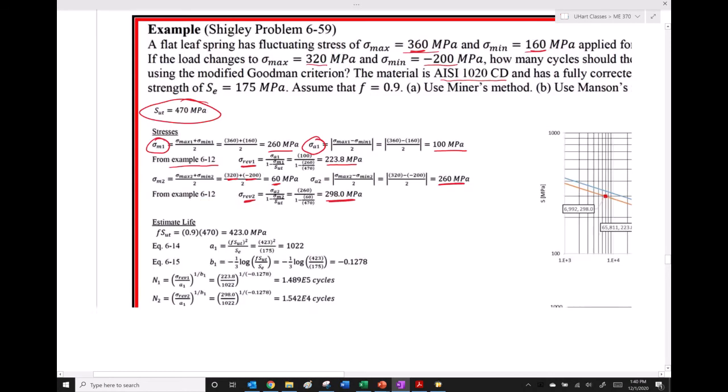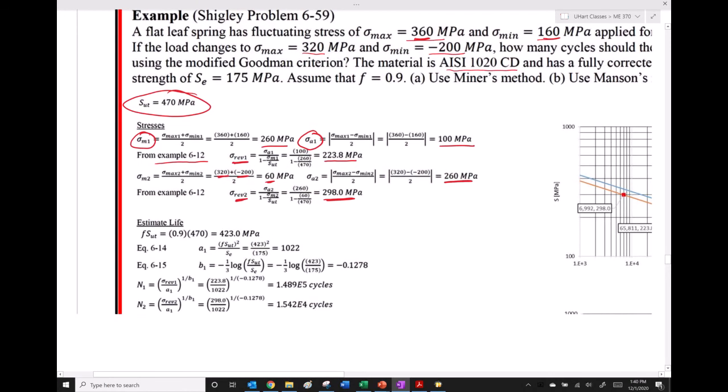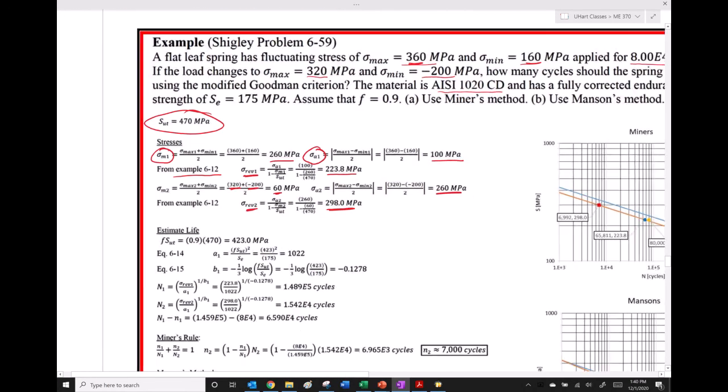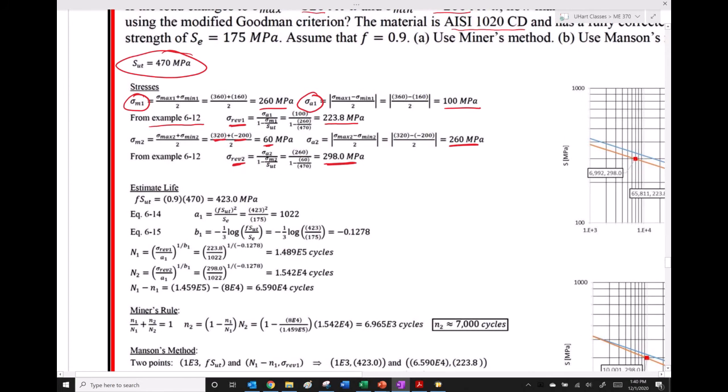So what we do for Miner's rule is actually pretty easy compared to Manson's method. First off, we do need to find what capital N1 and capital N2 are going to be. So in order to do that, we need to find the coefficient and exponent for the equation that looks like this right here, because that describes the line that's going to intersect.